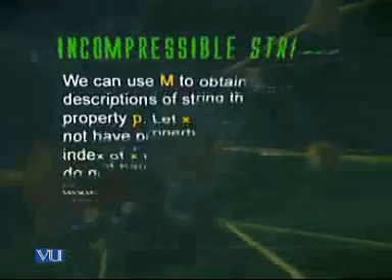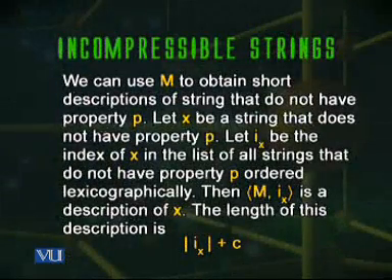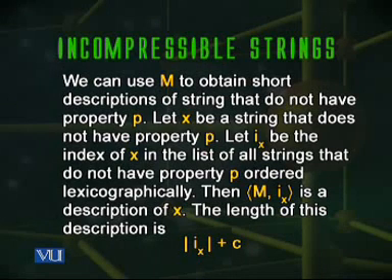Let's have a look at this. We can use M to obtain short descriptions of strings that do not have the property P. Let X be a string that does not have a property P. Let I sub X be the index of X in the list of all strings that do not have the property P ordered lexicographically. Then suppose what I do is I take this algorithm which I call M and append I sub X next to it.